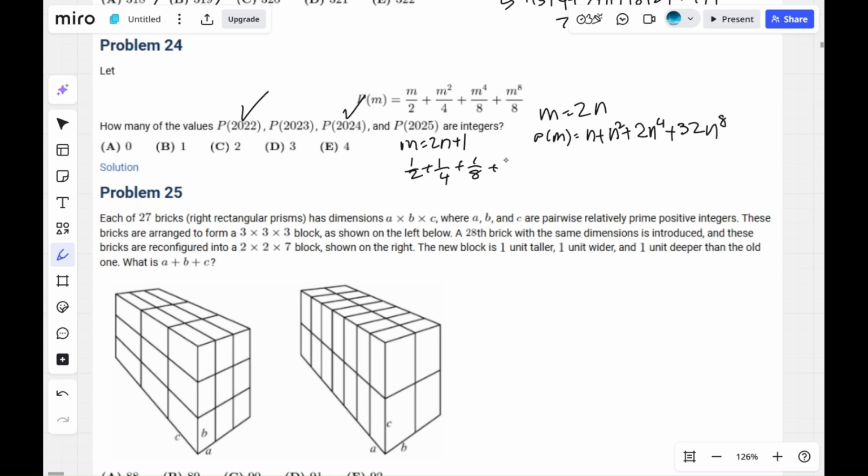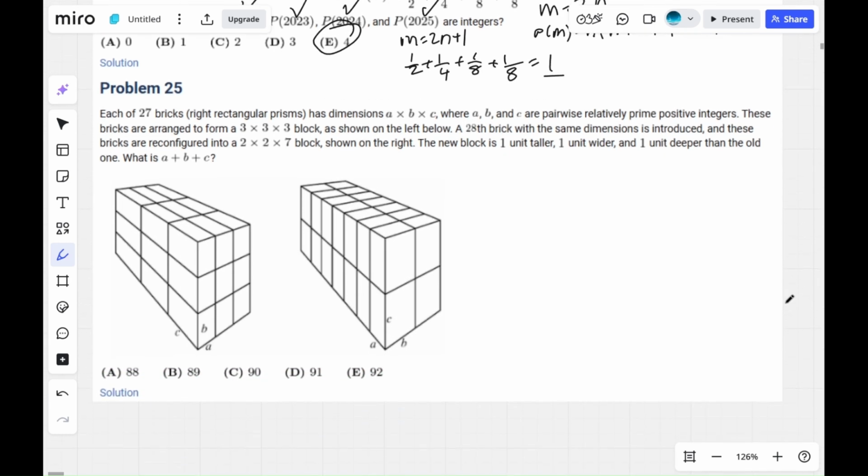And the fourth will be an integer plus 1 over 8. So if you add this, then this becomes 1, which is still an integer. So that means that P of an odd number will still be an integer. So that means that 2023 and 2025 both work. So we see that there are 4 values that are integers out of the 4. So our answer is E.